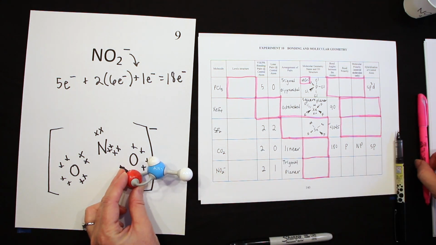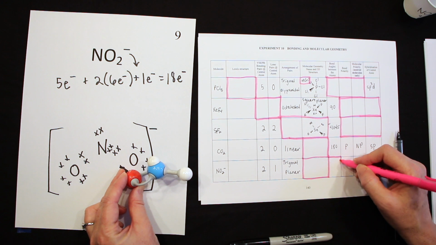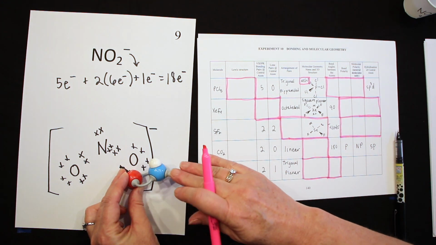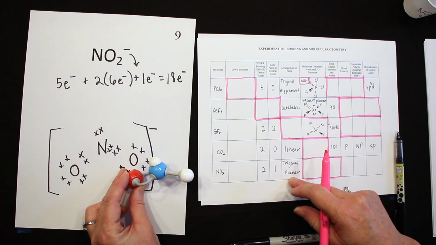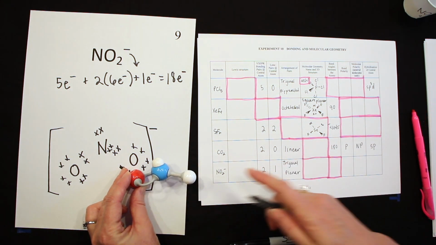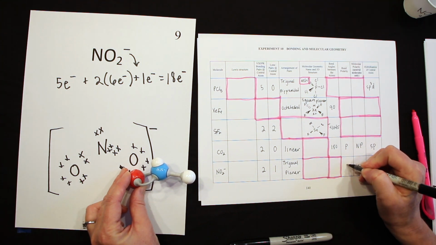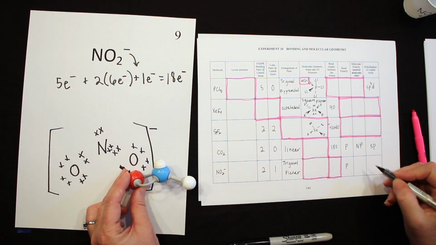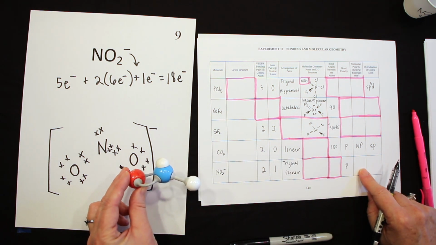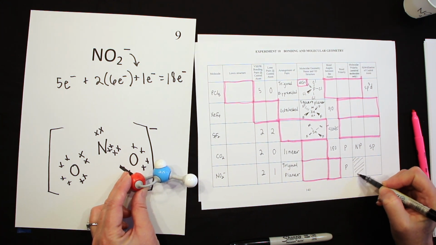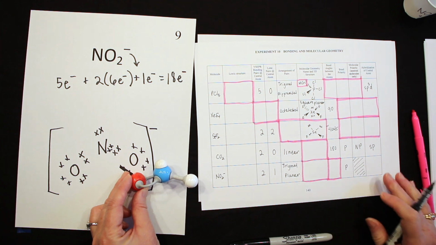Remember, it has a lone pair, so it's got to be less than what is listed for a trigonal planar molecule. You know that your bond must be polar, and the molecule, you might say it's polar, but since it's an ion, all ions are going to be polar.